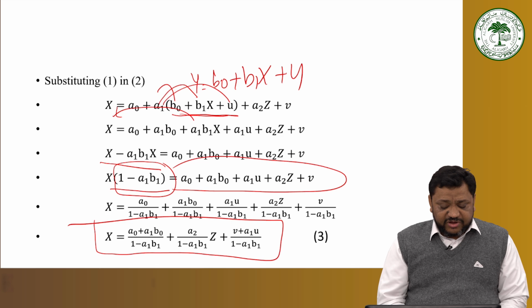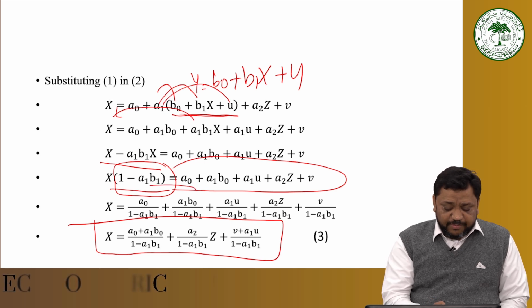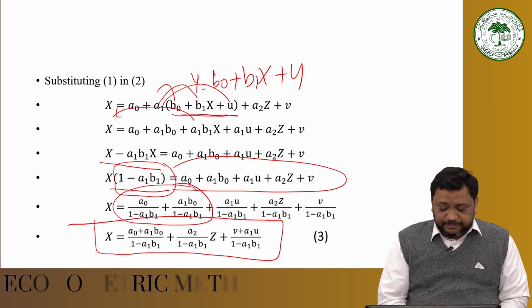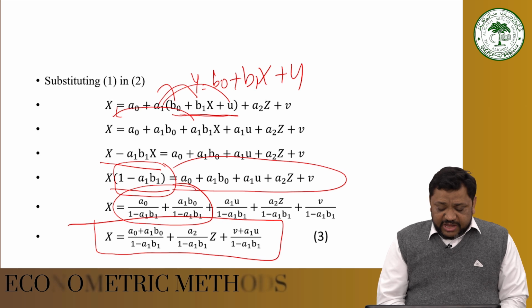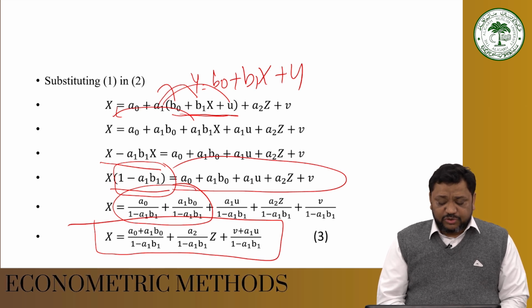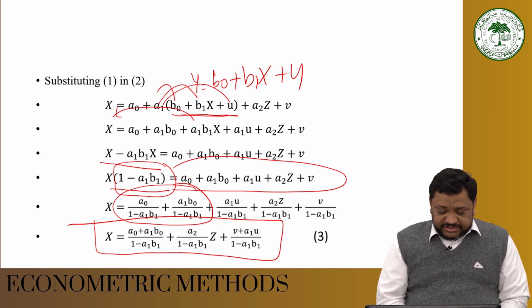It means we have combined the first two terms together. Then we have a2 divided by 1 minus a1 b1 times z, that is the term we have taken in the equation.